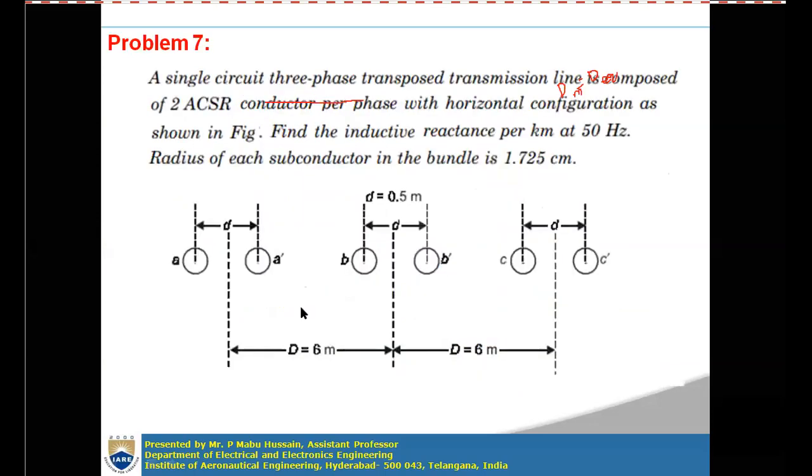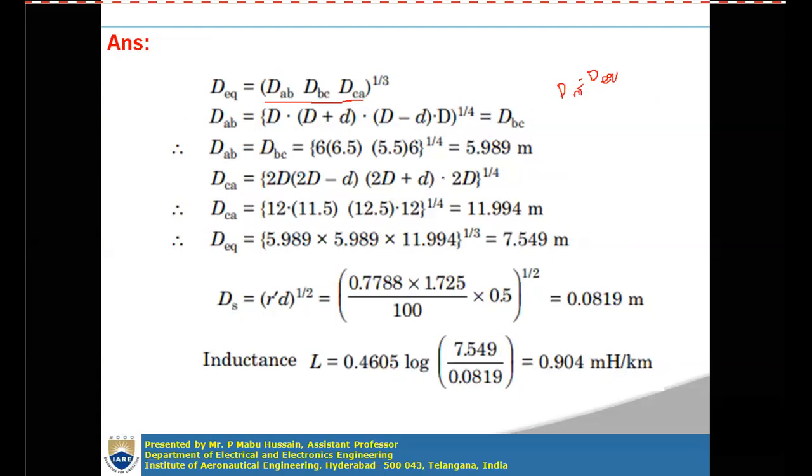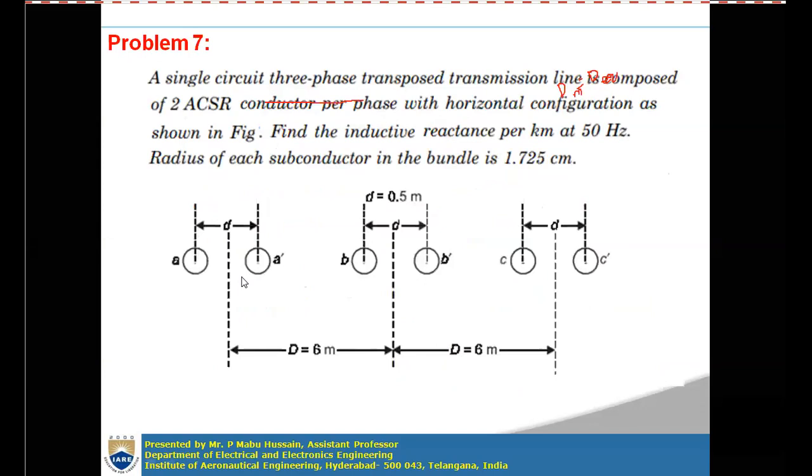What are the distances? So DAB. If in your problem each phase is having only one conductor, the problem is different. Now here you can use the center to center distance.